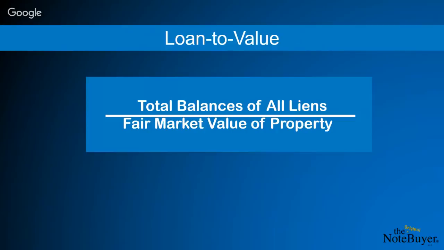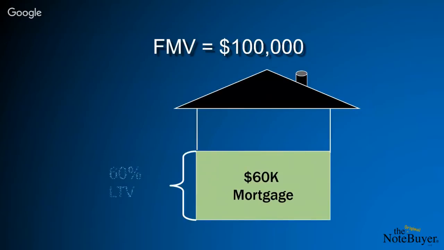Now, there's 2 ways to look at this. If there's a first and second, we're going to look at all the liens. But if we're just buying the first, we may just put in the value of the first. So if we have a $100,000 property and there's a first of 80, then our loan to value, as far as we are concerned, would be 80%.